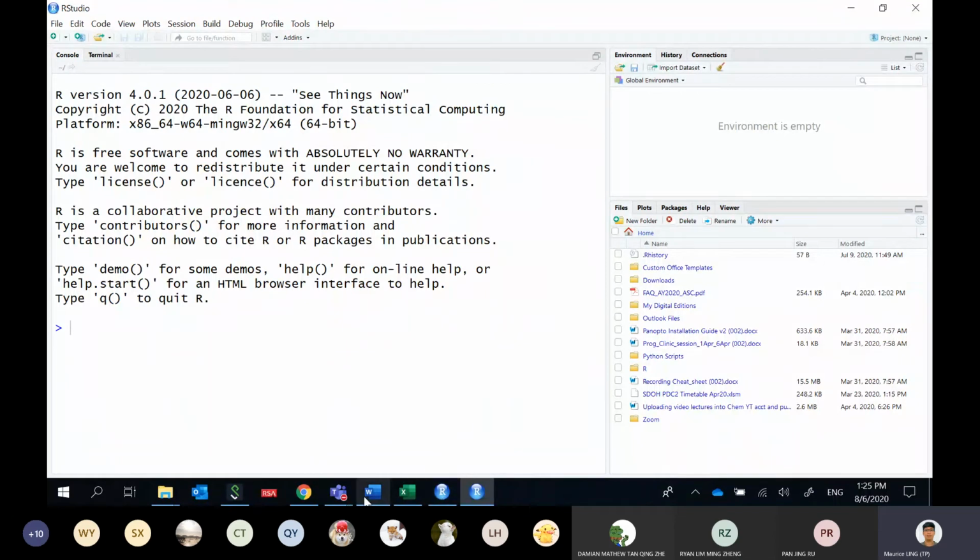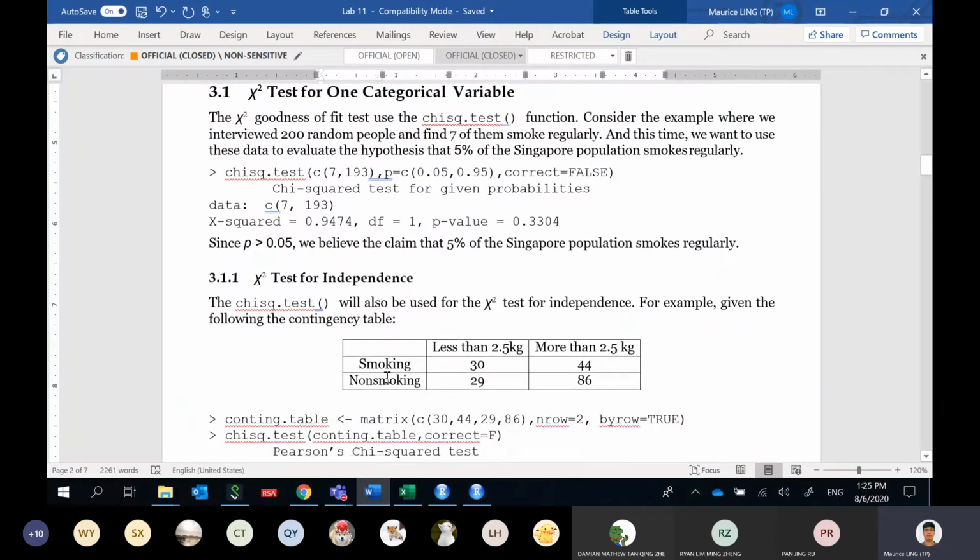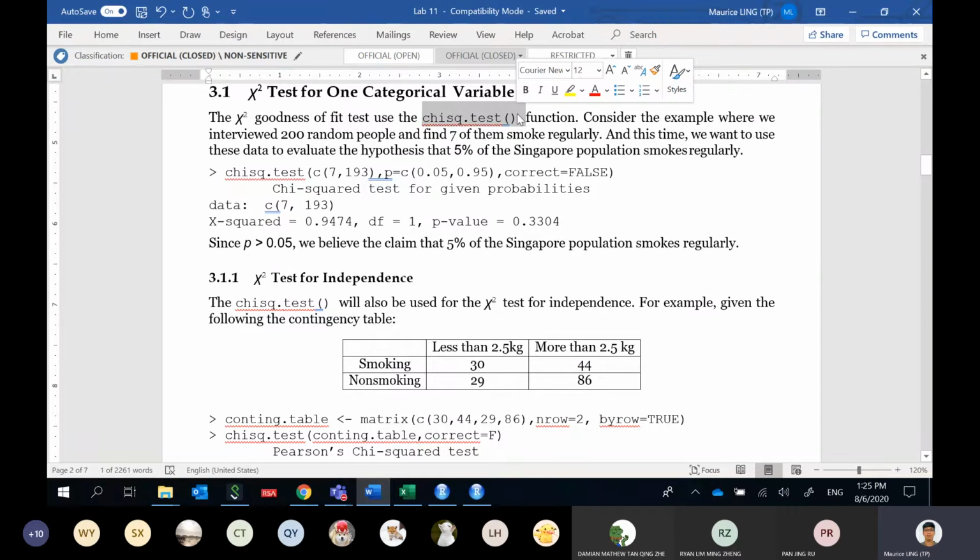Let's look at the question itself. To use chi-square statistics for goodness of fit, we use this function called chisq.test. What it really does is, you give it a probability.